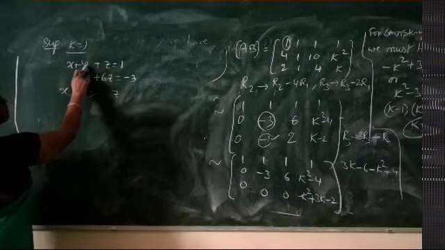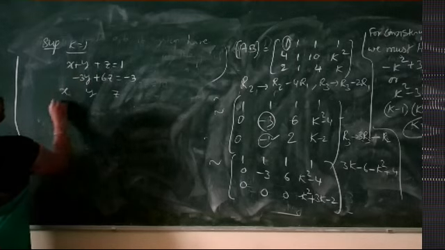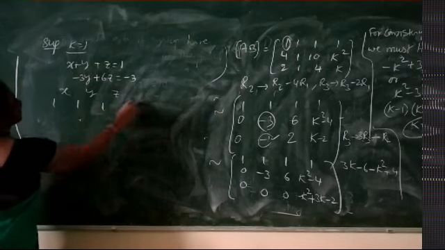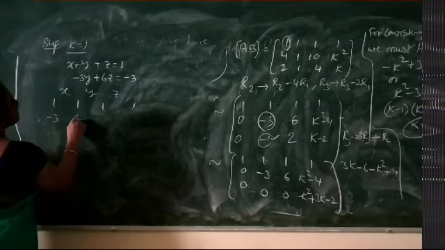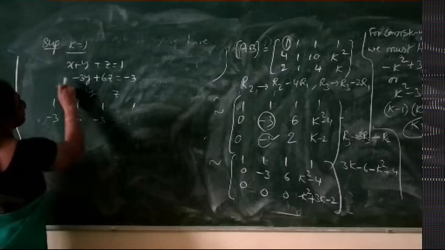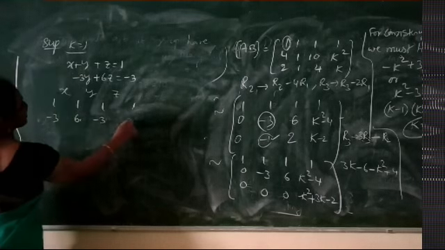Starting from the coefficients of the first equation, 1 1 1. The second equation gives us 0 -3 6, no x value here, 0 coefficient.